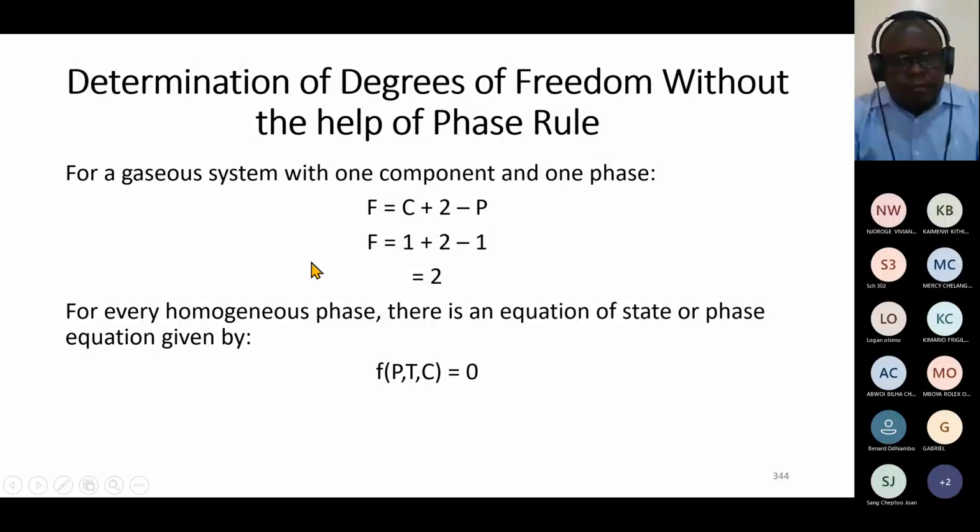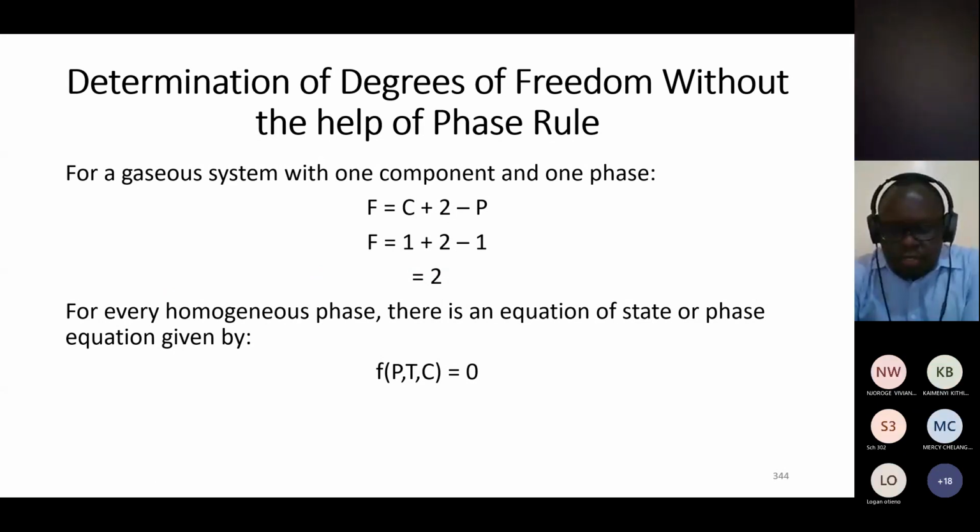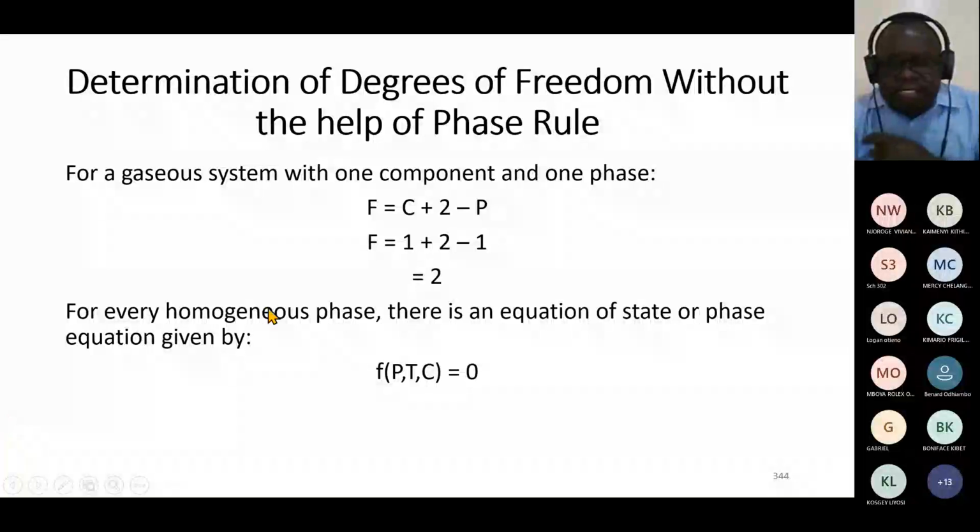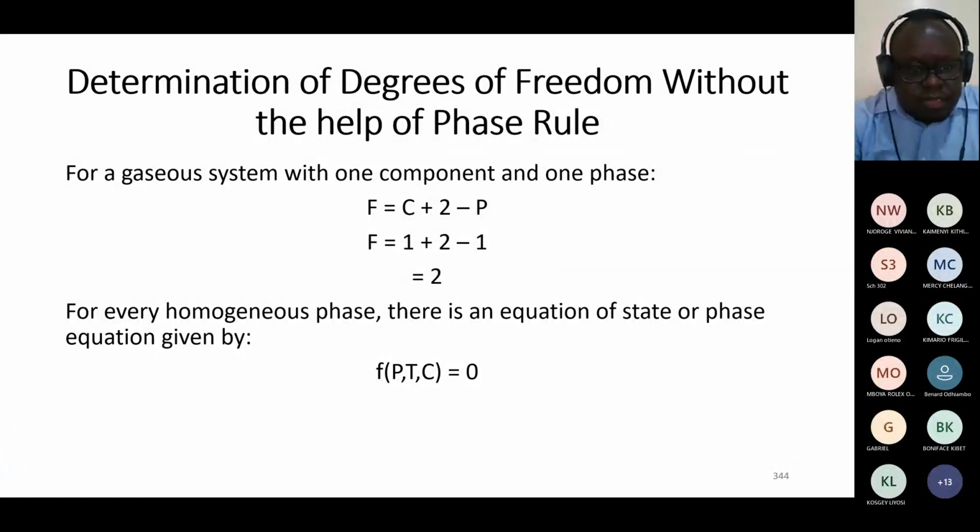Okay. Now, if we are to consider this without using the phase rule, there are certain considerations you have to make. For every homogeneous phase, there's an equation of state or a phase equation. For example, the phase equation here is a function of pressure, temperature, and concentration. So that is an equation of state.